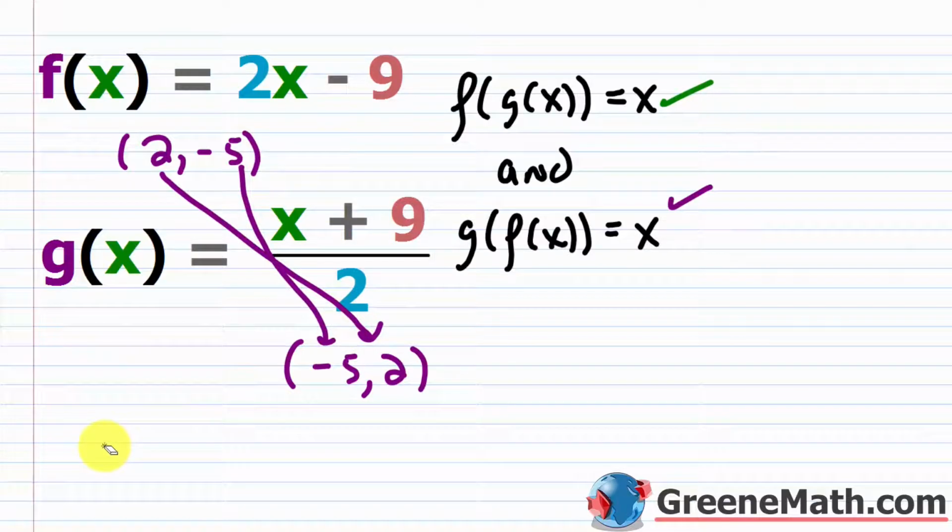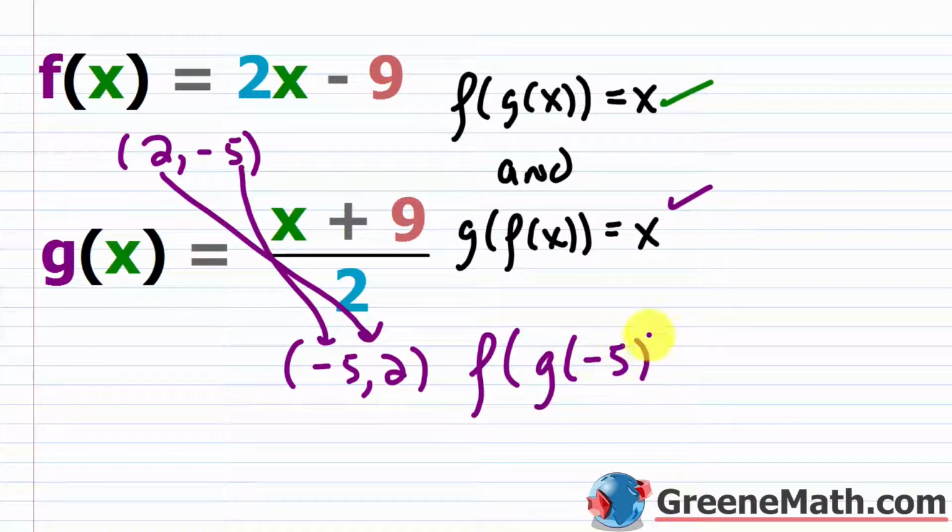Now, let's think about this a little bit more deeply. Let's just take the first scenario, f of g of negative 5. What is g of negative 5? g of negative 5 is the y value that you get when you plug in a negative 5 for x in g of x. So we already know that if I plug in a negative 5 here, I get a 2.